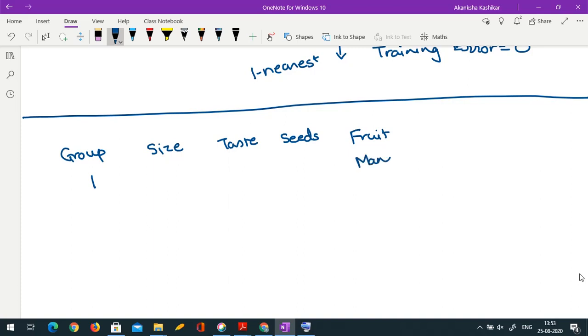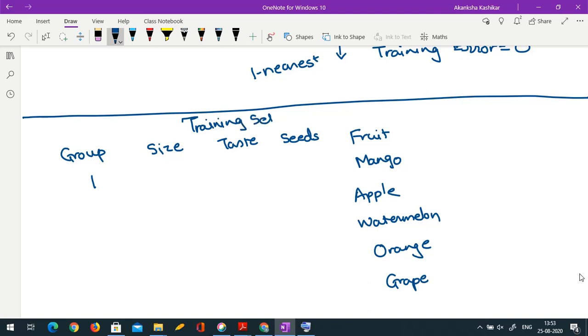Whenever I have given this example in class, people start with mango, then maybe apple, then maybe watermelon, orange, and let's say grape. So I have 5 observations; this is my training set.